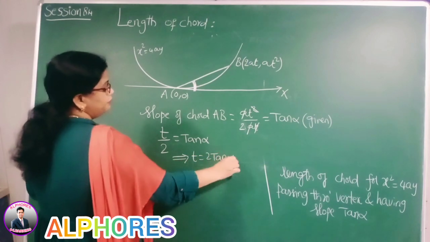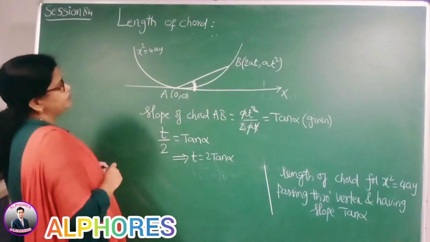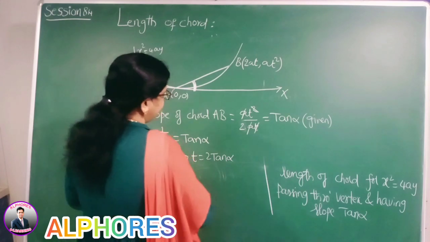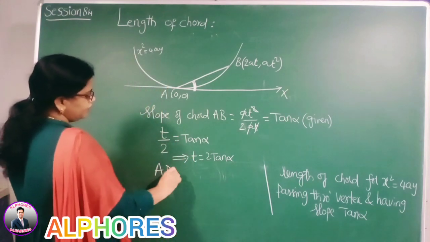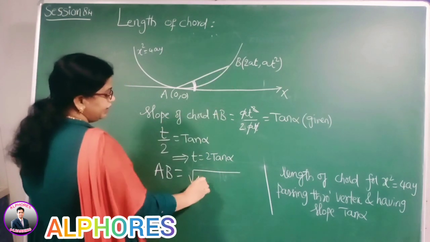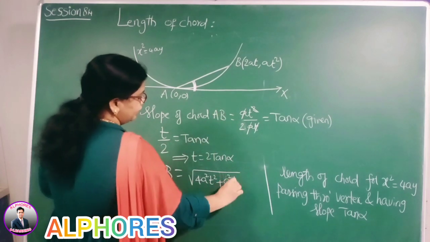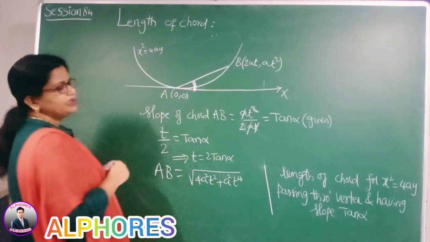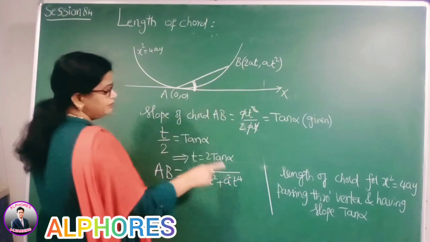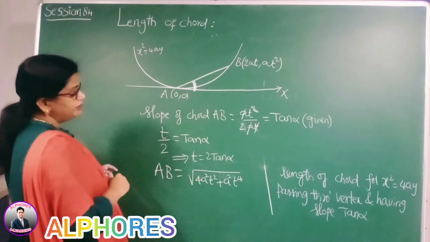Now just like our previous problem, let us find the distance between A and B. So what is the AB distance here, students? The AB distance is equal to under root of 4a square t square plus a square t to the power of 4. Okay, so this is our distance between A and B. And after that, suppose you substitute 2 tan alpha wherever t is there.